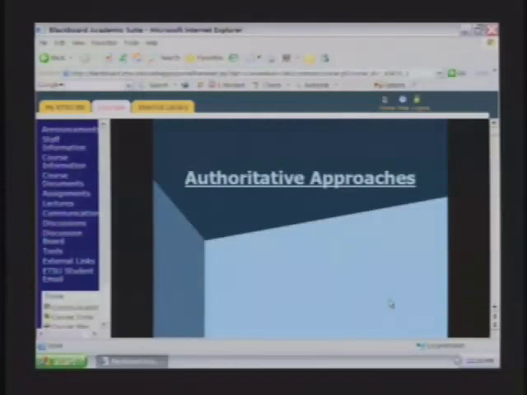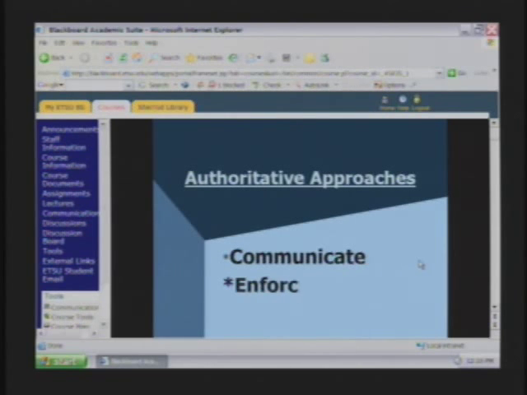You are going to recognize this and you're going to understand it. Now I gave you 3 words way back in the beginning of the course: communicate, enforce, teach. The basic premise of authoritative approaches is that you set up a system of rules and procedures. You communicate them to students.